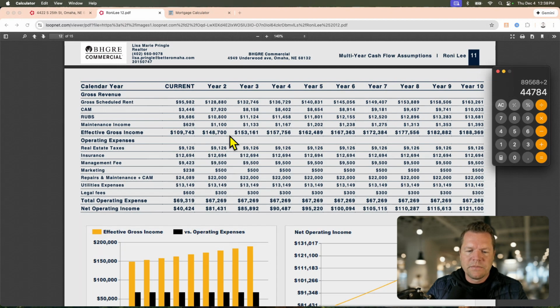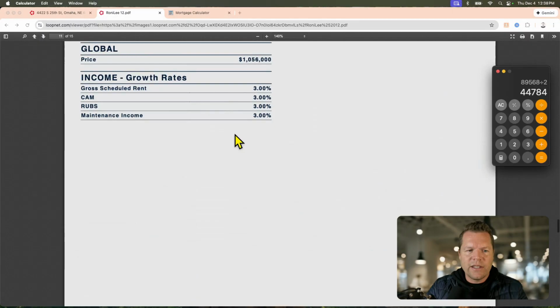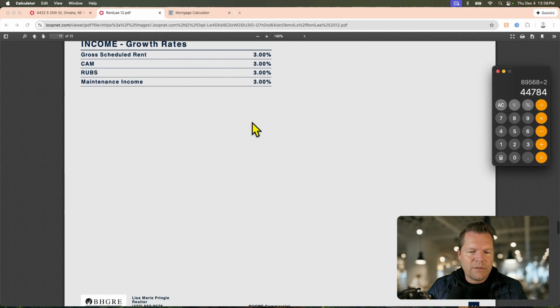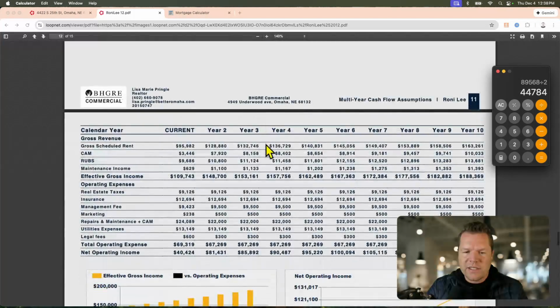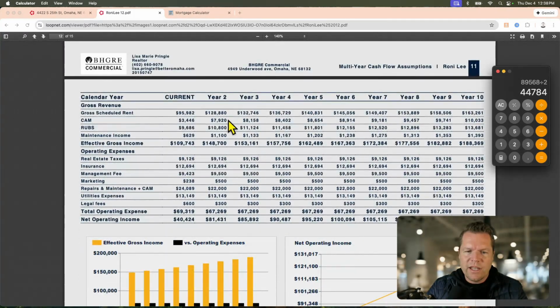And then the rest of these, they just increase at the rates that they told us right here. This is the growth rates of all these things per year. They're just using a 3% consumer price index standard rate. And then they just increase everything basically 3% all the way till year 10 to say, oh, looky there, in 10 years you're making $120,000 a year.